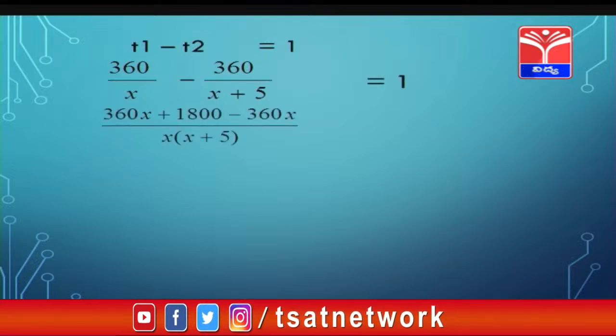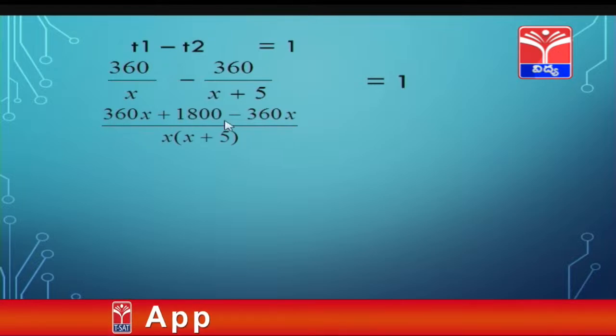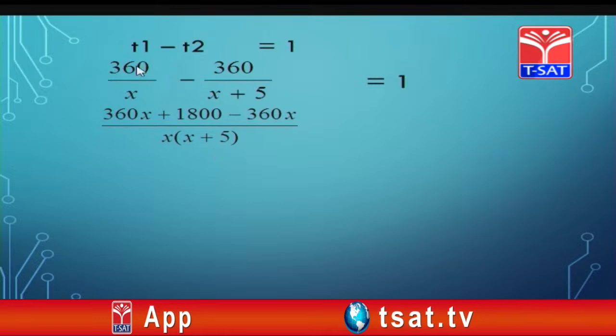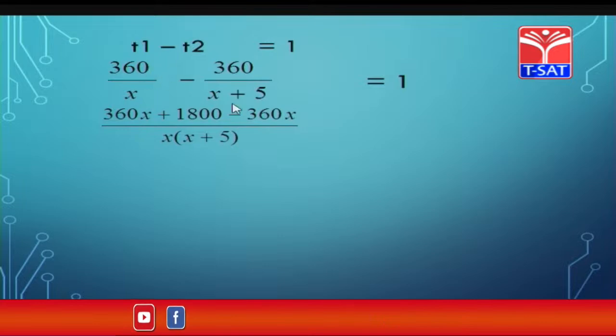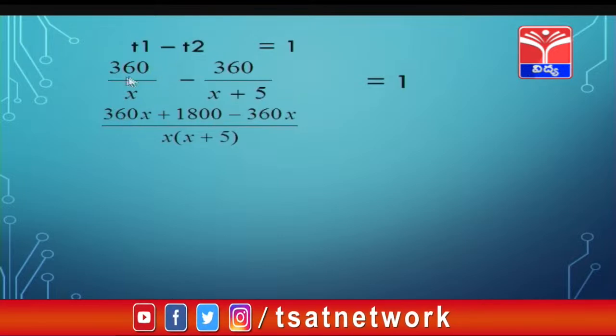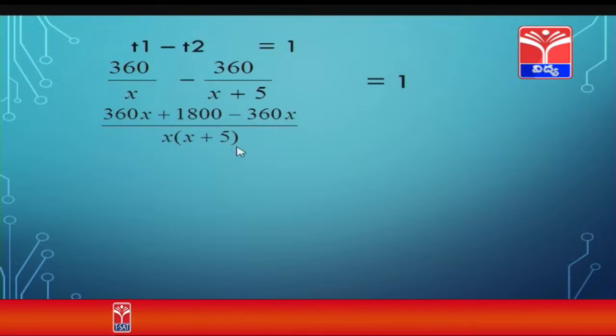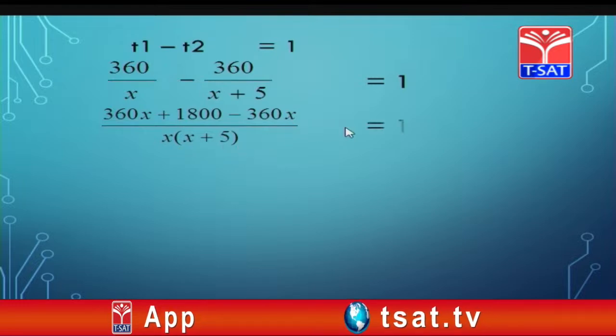When we take LCM, we get 360x plus 1800 minus 360x by x into x plus 5. Now, how did we get this? I am cross multiplying the terms. 360 into x plus 5 gives me 360x plus 1800 minus 360 into x, which is 360x, by x into x plus 5, which is x square plus 5x, but this is equal to 1.